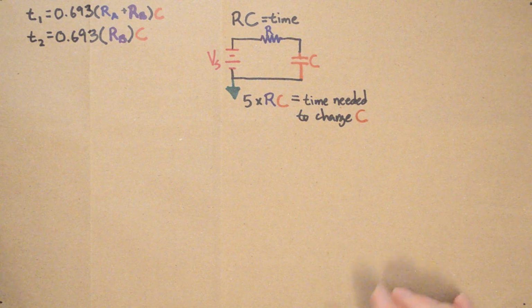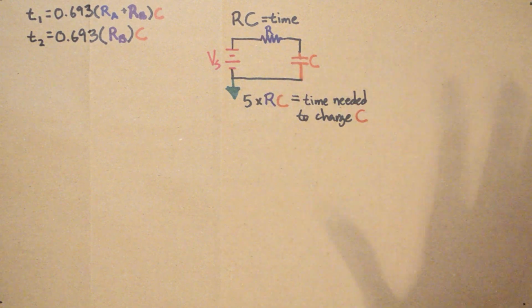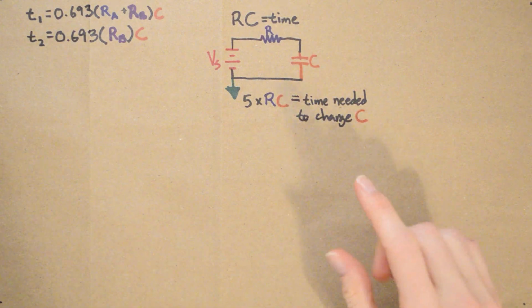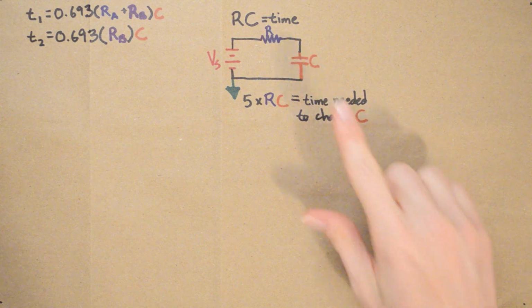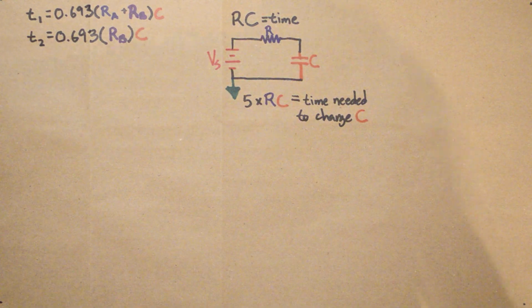So if you wait 5 times R times C, you will have completely charged the capacitor. Something else to notice is that as the capacitor charges, it doesn't charge in a linear fashion. So let's take a look at this on a chart.